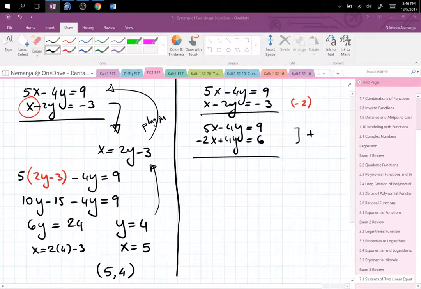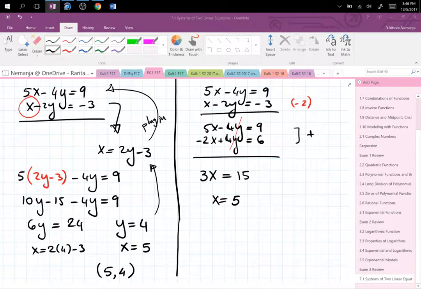So when you add these two, this 4y and negative 4y cancel out, and you are left with 3x equal to, when you add these guys, 15. From where x is equal to 15 right away. I mean 5. Pay attention. So x is equal to 5.